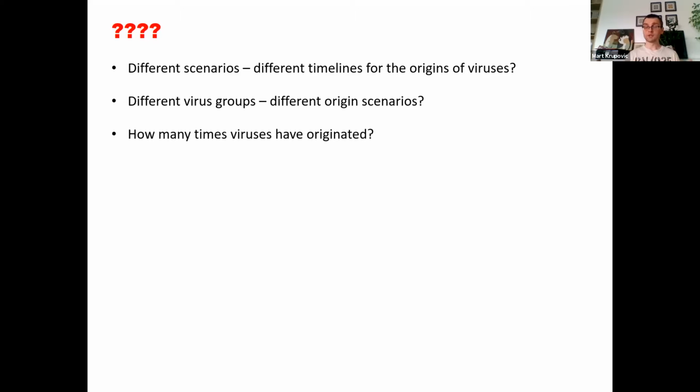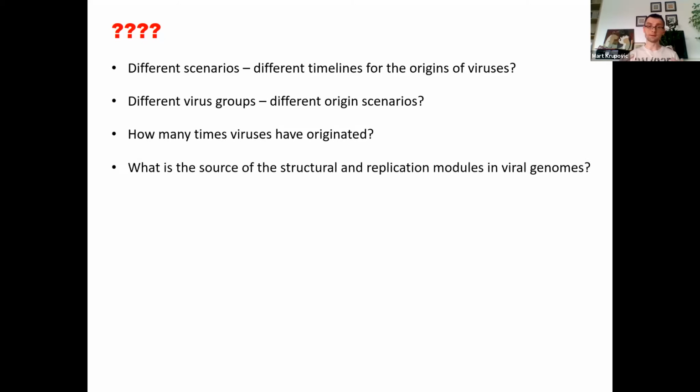Also, the question is on how many different occasions this virogenesis has occurred. And perhaps most importantly, it is still not clear from these hypotheses what is the source of major functional modules which constitute the virus genomes. So how did these viral genomes come together to function as viruses as we know them, right?